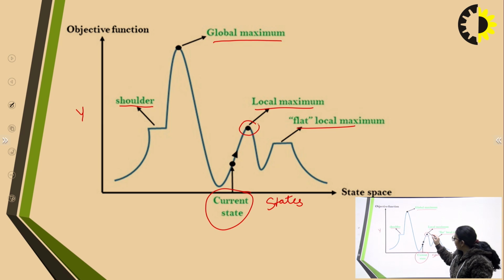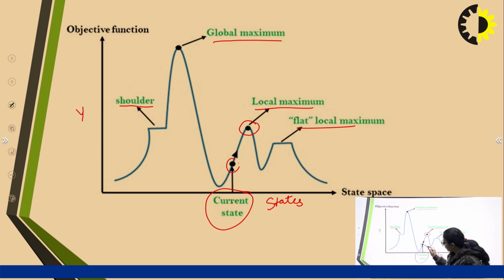This point is considered a local maximum. Why? Because if we are on the current state searching for the best solution, and when we reach here we do not find any neighbor with a higher value, we consider it the local maxima.